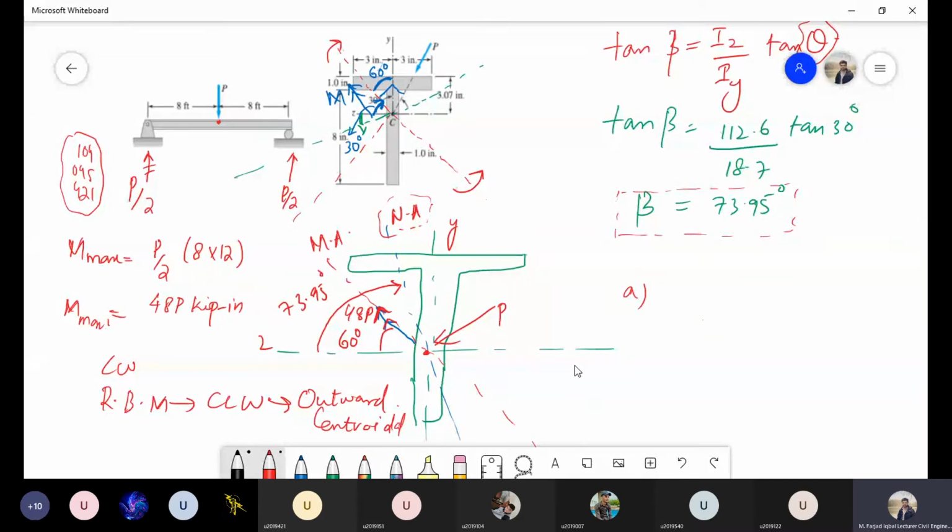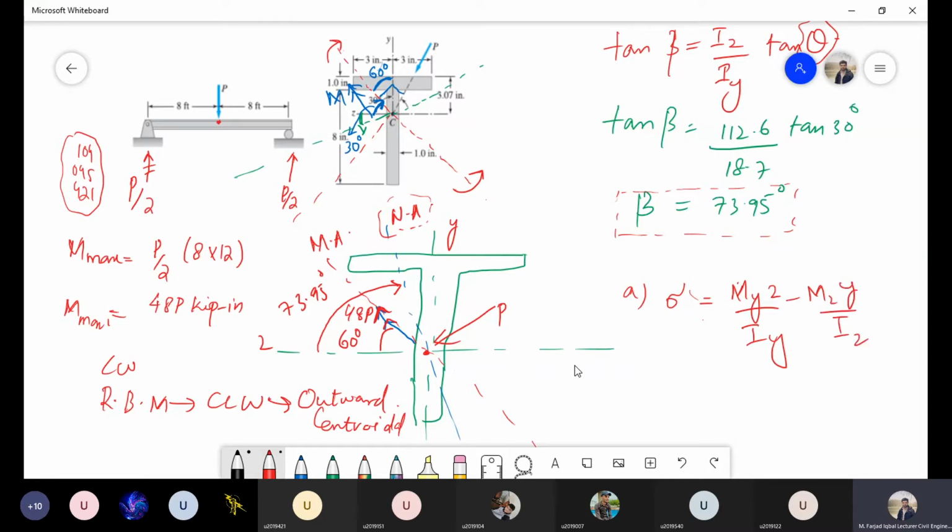Now I know that in the question I have been given the maximum bending stress, and considering that maximum bending stress, I have to find out the maximum load or the value of P. So if I write the equation of bending stress, that will be My z over Iy minus Mz y over Iz.